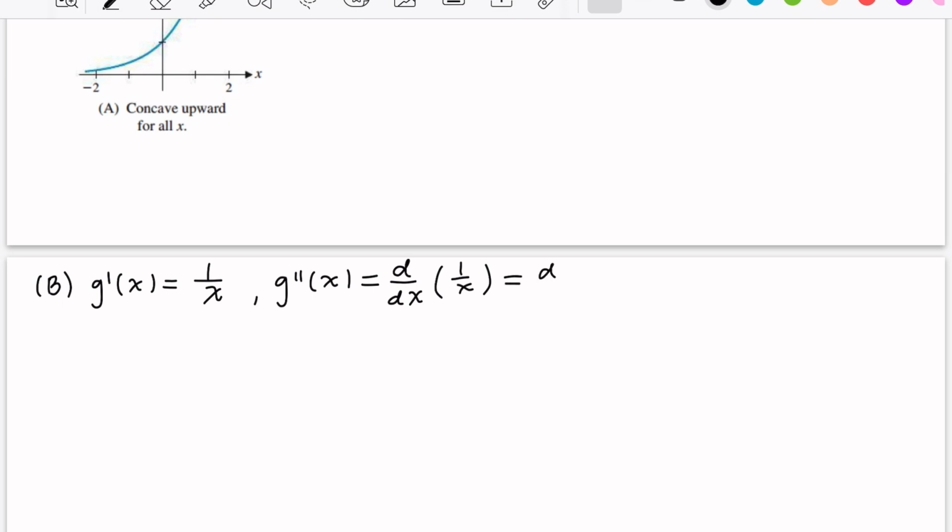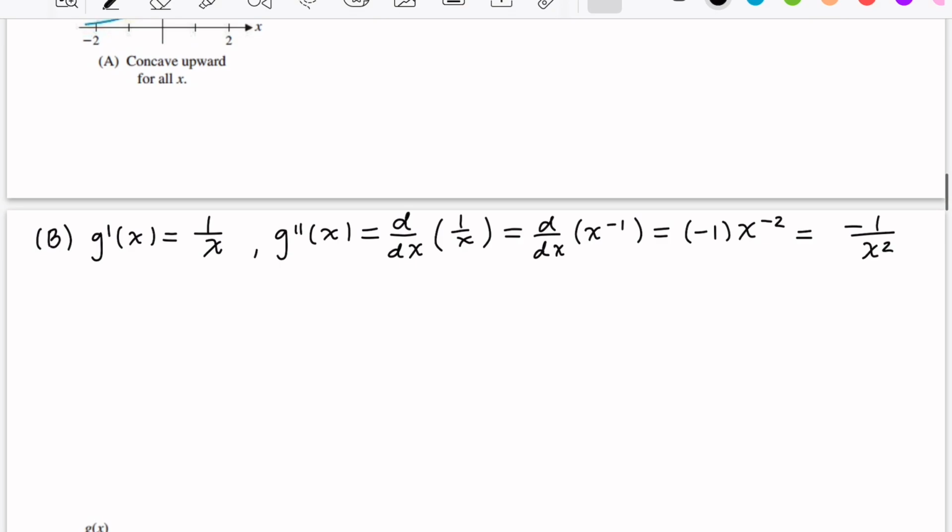What we can do is rewrite this with a negative exponent. And so using the power rule, we're going to have negative 1 come down in front, and then we have x to the power negative 1 minus 1, so negative 2. So this is our second derivative.